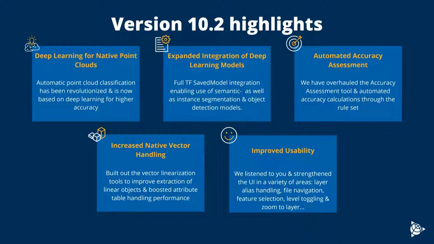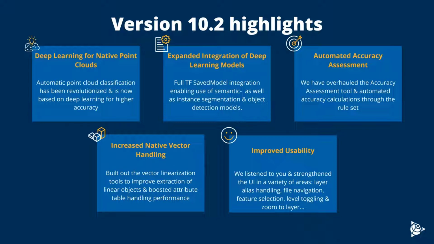So we're not doing any type of rasterized sample collection here. These samples are native point cloud based, giving you a much stronger and improved classification result for these native point clouds. This will be one of the examples we look at. I'll get into it a little bit more later.